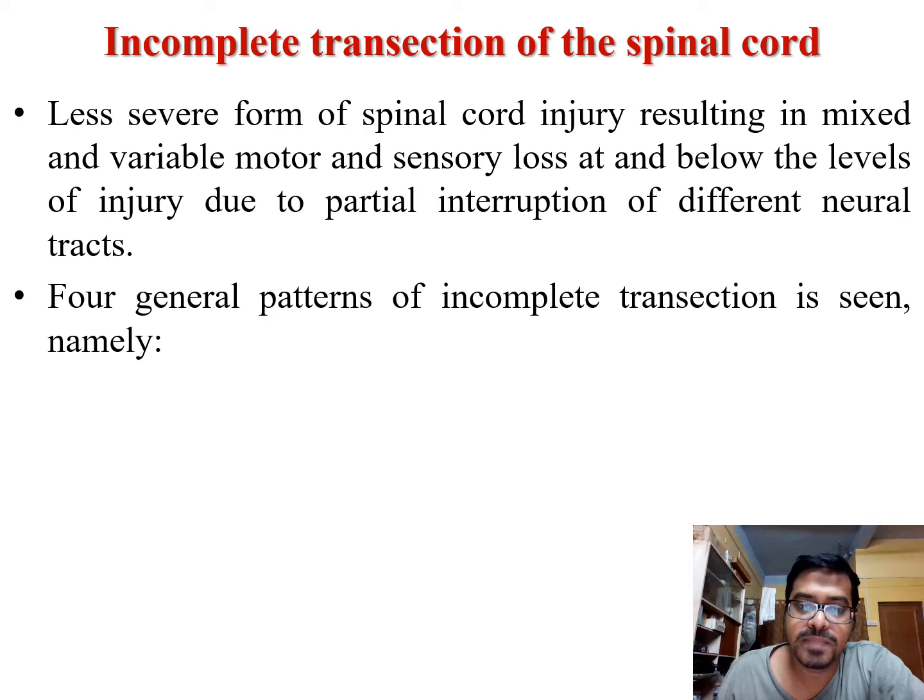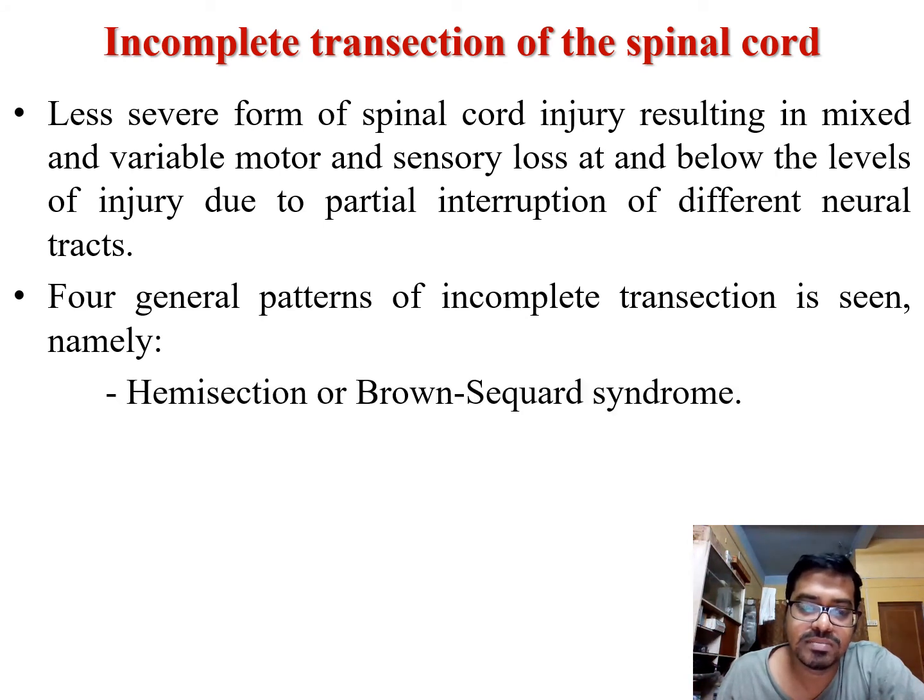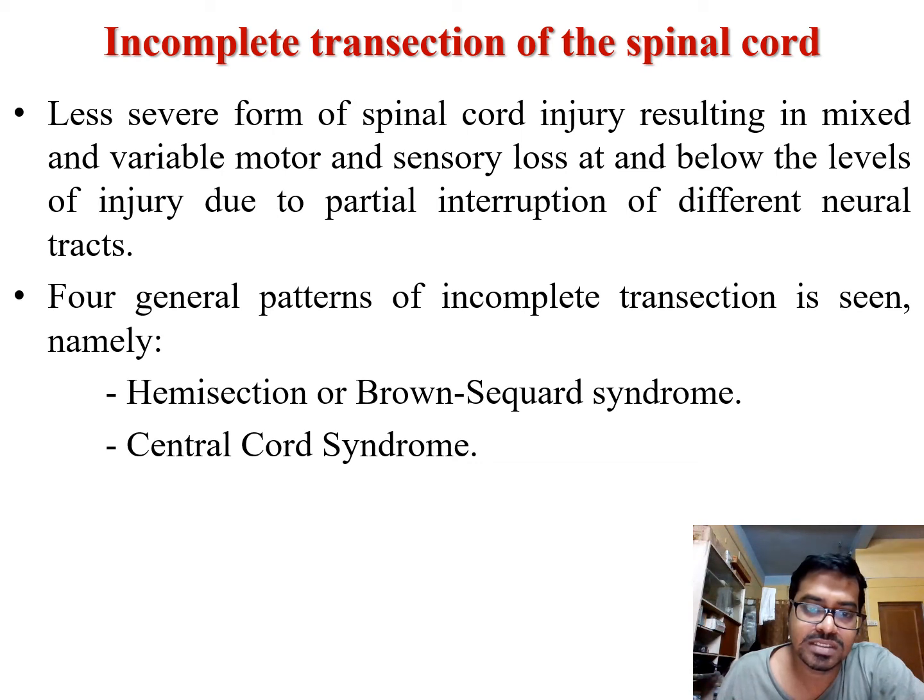There are 4 general patterns of incomplete transection of the spinal cord. Namely, the hemisection, meaning one half of the spinal cord is sectioned while the other half is intact. It is also known as Brown-Sequard syndrome. A central cord syndrome means the central part of the spinal cord is gone while the peripheral parts are still intact.